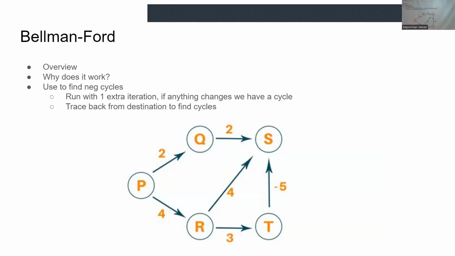This is a shortest path algorithm that works for graphs with negative edge weights. What it does is, we start here and we maintain a list of shortest path values, a distance value for every node. And what we do is, we say, okay, this is adjacent, and this is adjacent.